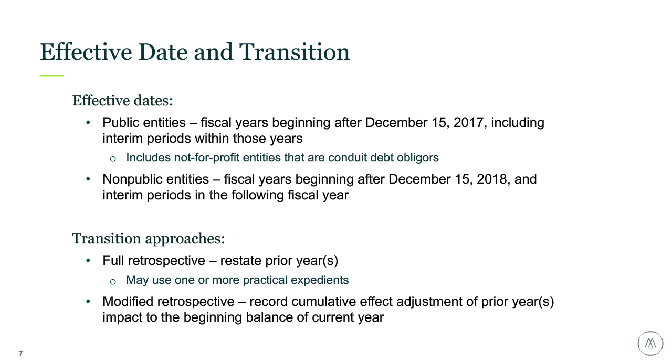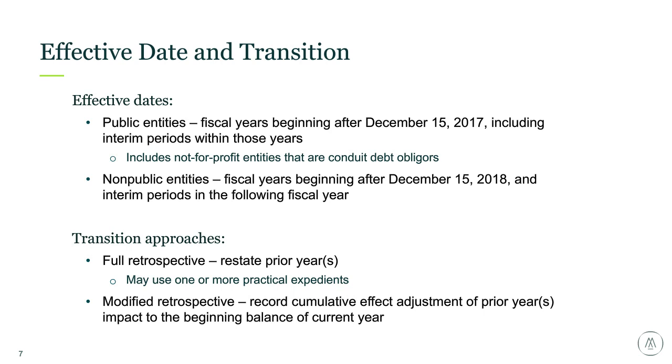There are probably folks in the audience that have been applying this on an interim basis and are working to do this on their year-end financial statements. And then for non-public entities, you've got a year. And the interim period disclosures would apply in the following year of application or implementation.